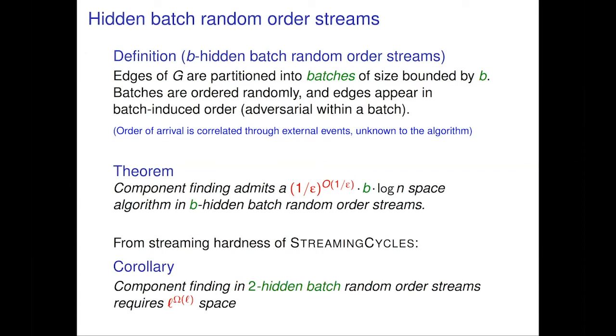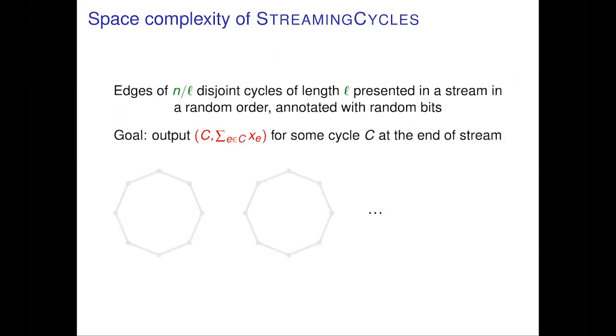Our reduction applies to the hidden batch random order streaming model, establishing a tight result in this setting. Along the way, we show that existing random order component counting algorithms do not really overfit to the assumption much, and they stay robust even if some limited amount of unknown correlations is present. So that's a nice side effect.